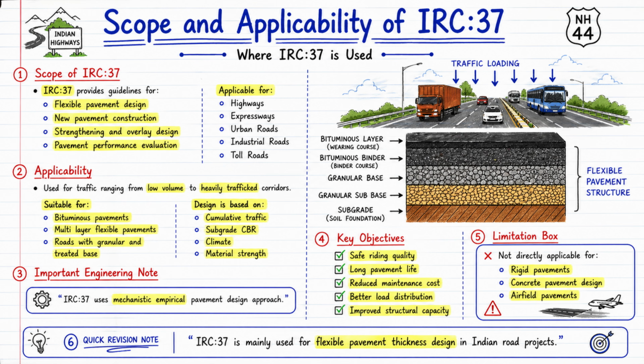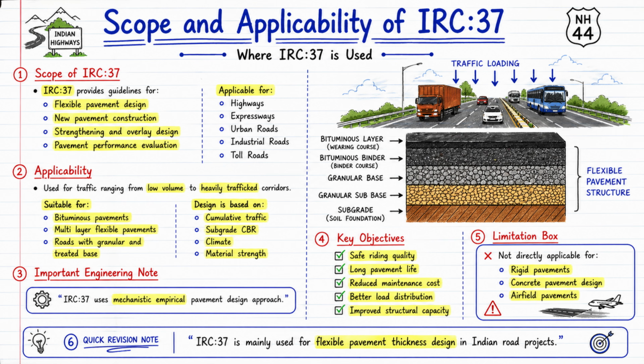Now let us look at the third topic of the slide. Important engineering note. It is written here: IRC 37 uses a mechanistic-empirical pavement design approach. Now this term is asked a lot in interviews, so understand it in a practical way.